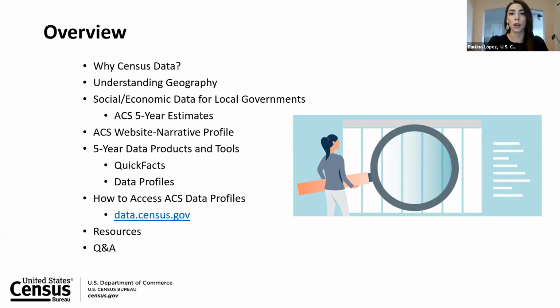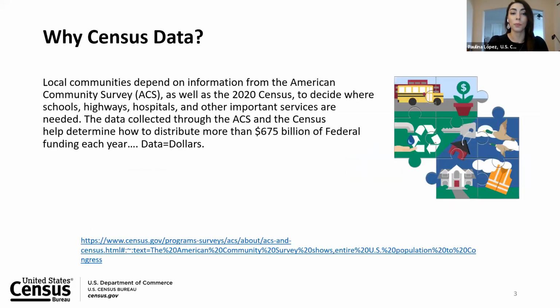Some of these data products are QuickFacts, which some of you may have used in the past, data profiles, narrative profiles, and then we'll do a live demo on data.census.gov, which is a new data repository that replaced FactFinder, and many of you may have used it in the past as well. I have also prepared some resources for you, a fact sheet, a handout, so that you save it and it makes your data search much easier. And I'll allow some questions at the end as well.